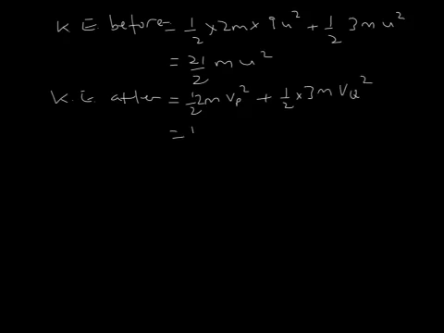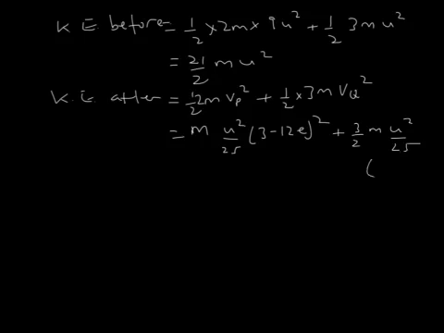So a half of 2m is m. vp we know is u over 5, 3 minus 12e squared, and a half of 3m, that's 3m over 2. vq we know is u over 5, 8e plus 3 all squared.